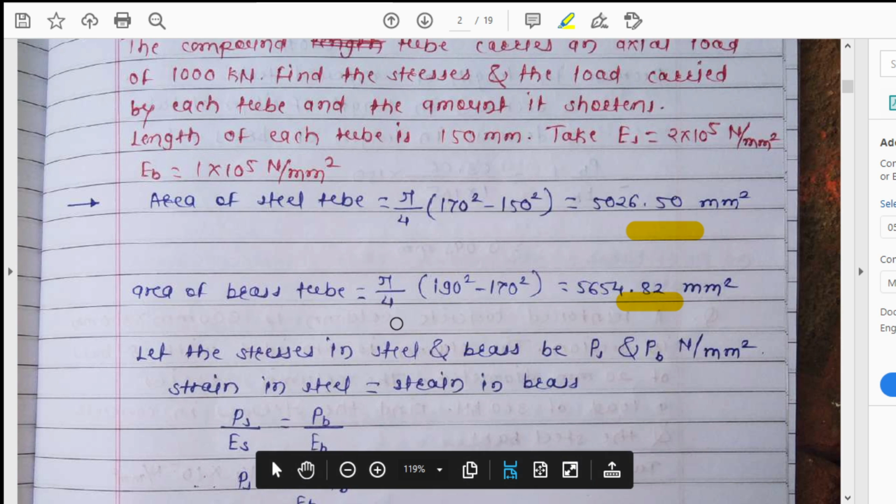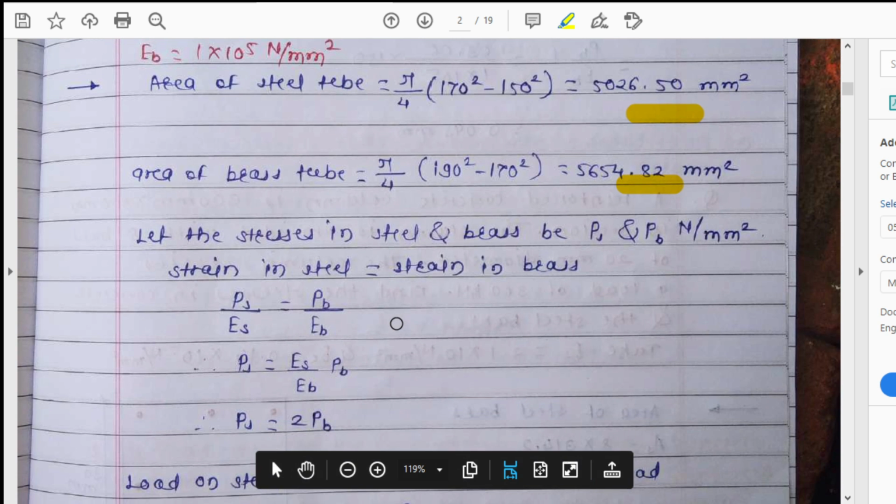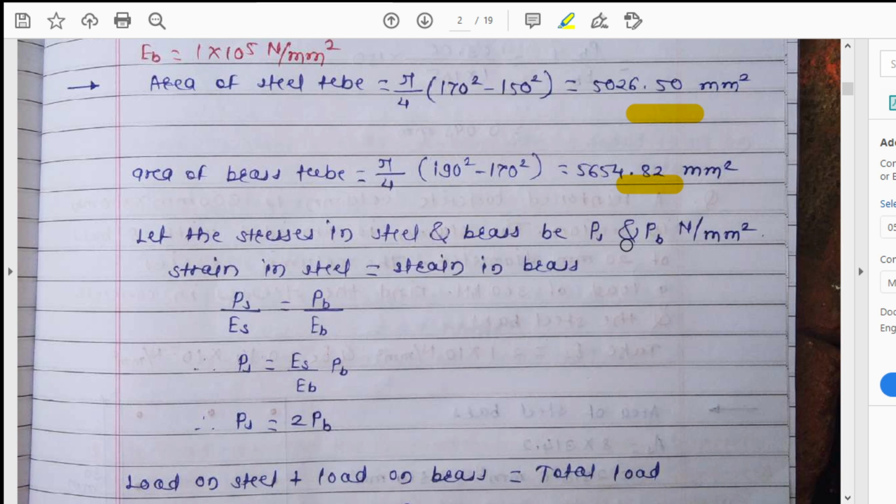Now let the stresses in steel and brass be PS and PB newtons per mm square respectively. So strain in steel will be PS upon ES and will be equal to the strain in brass, PB upon EB.